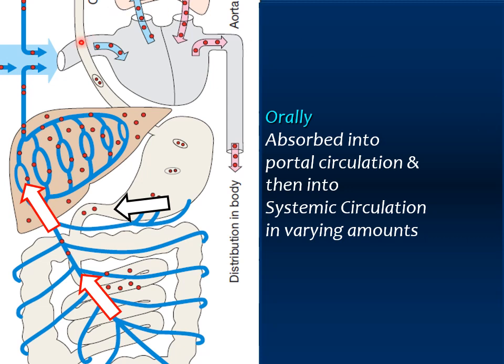How much is absorbed, number one, and after absorption how much is reaching the liver and how much is left after metabolism, because the liver is the major site of metabolism. So when the drug enters the liver, obviously metabolism will start. It will vary from drug to drug depending on its chemical structure.